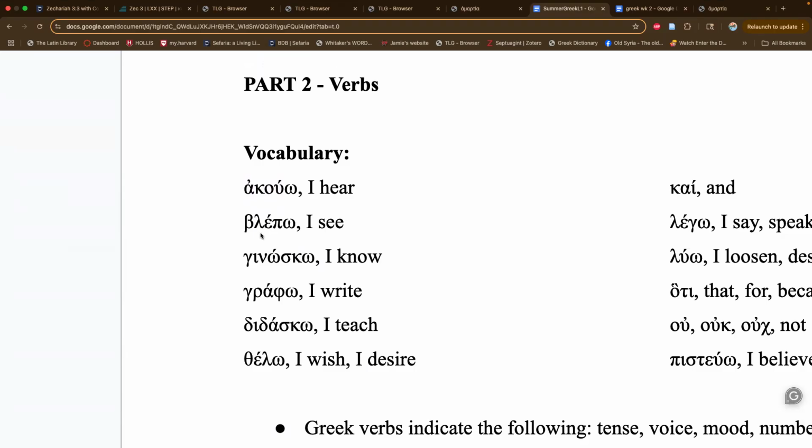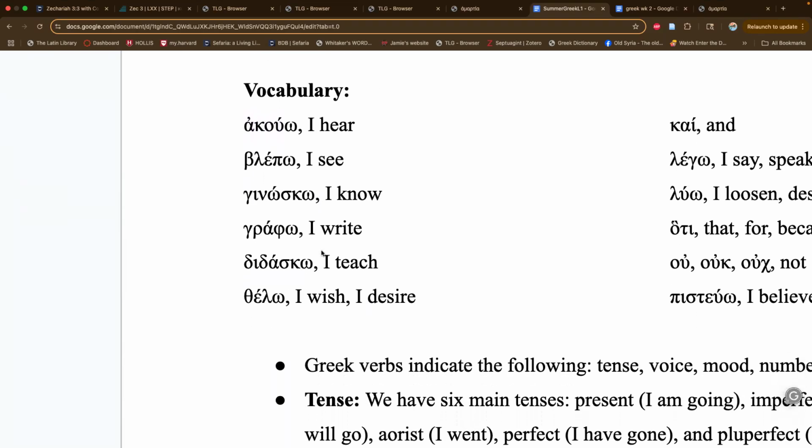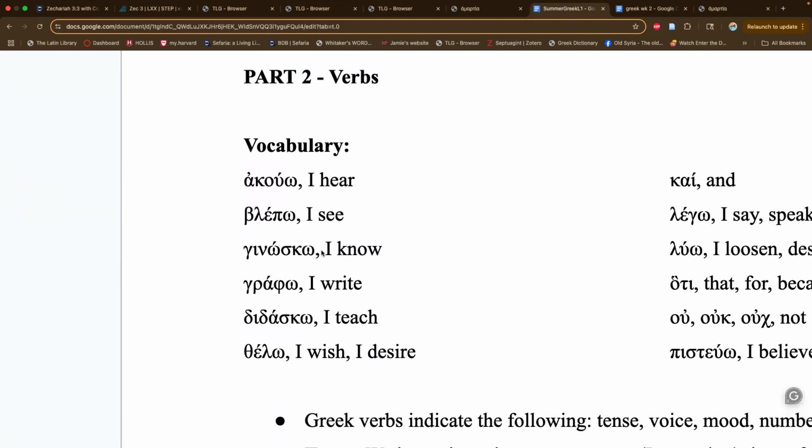The next one is blepo. So we have a beta. And then the next one is just the short e. Then pi, so blep. And then the omega there is a long O, so we can say blepo.